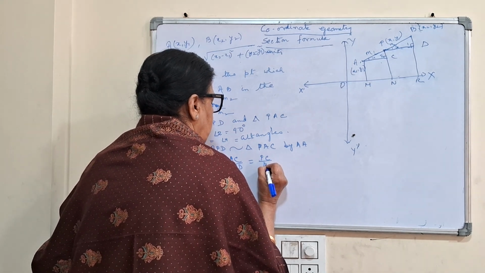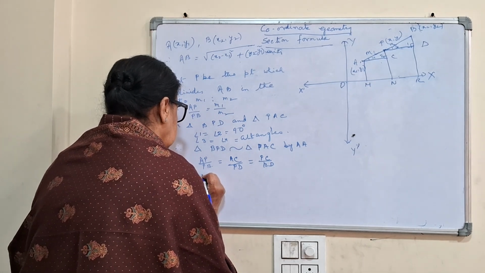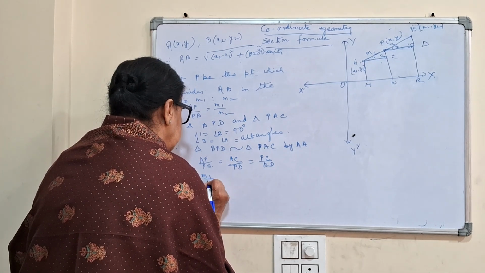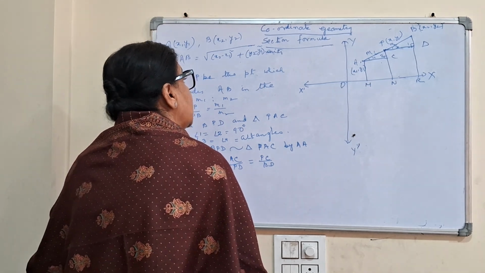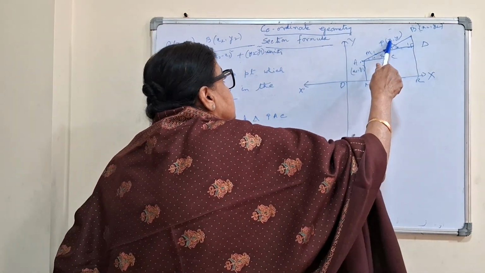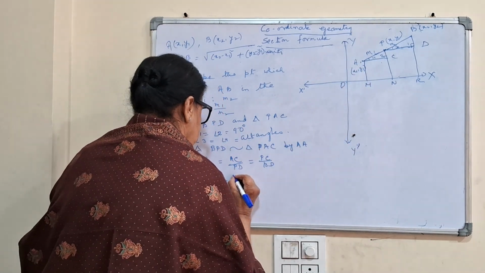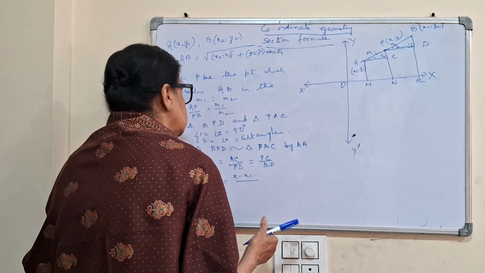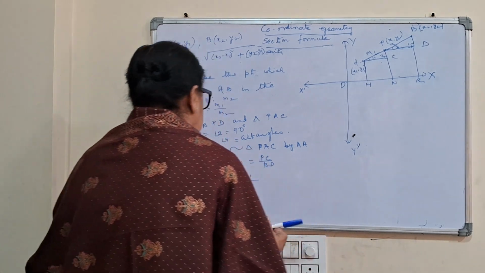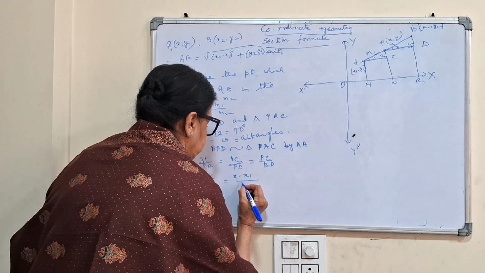This implies M1 upon M2 is equal to AC by PD. AC is x minus x1, and PD is x2 minus x.